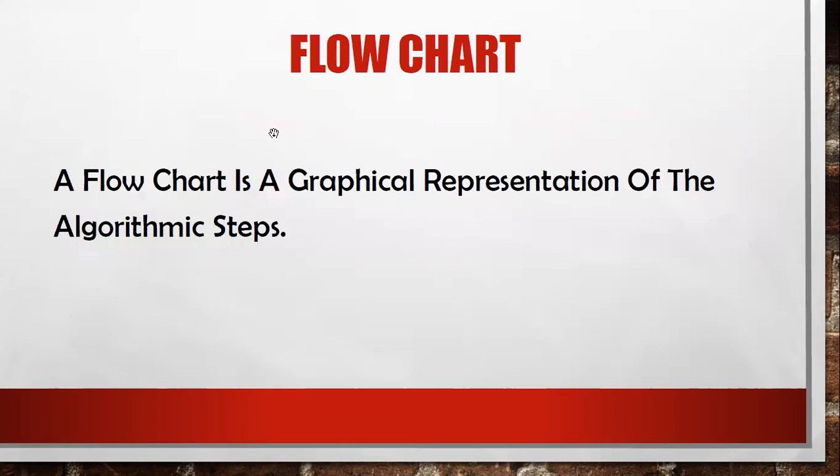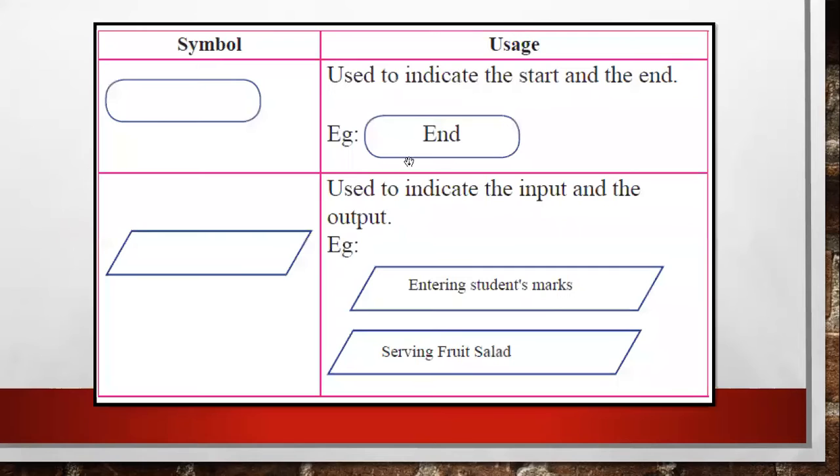Okay, let's move on to another part, flowchart. Let's see what is a flowchart. A flowchart is a graphical representation of the algorithmic steps. Graphical representation means you have to mention the steps graphically, like this.